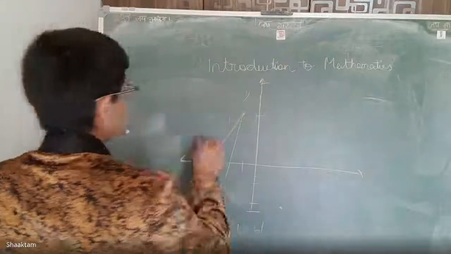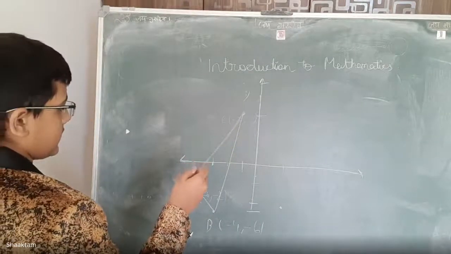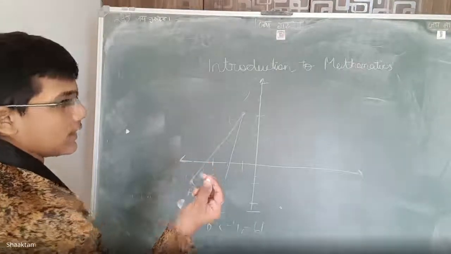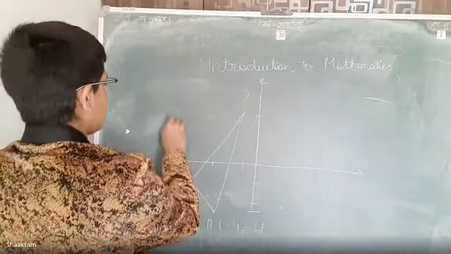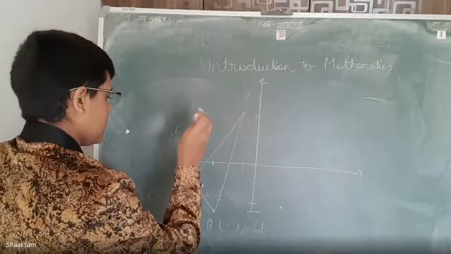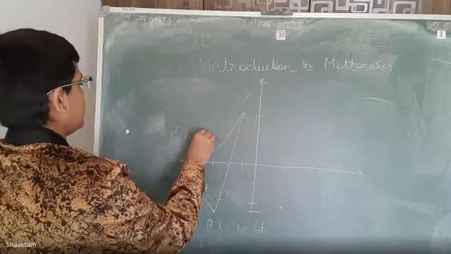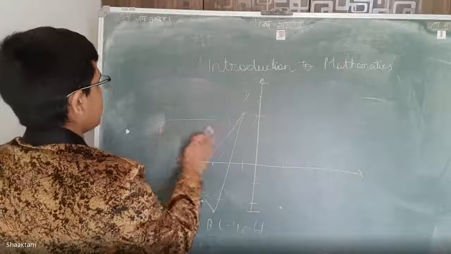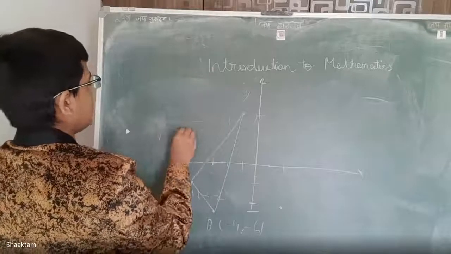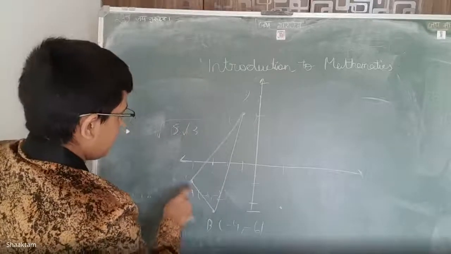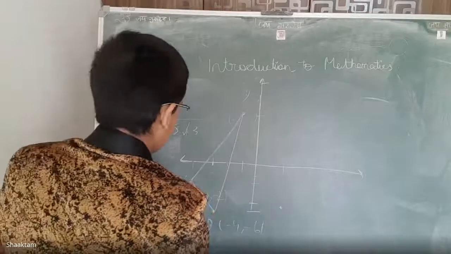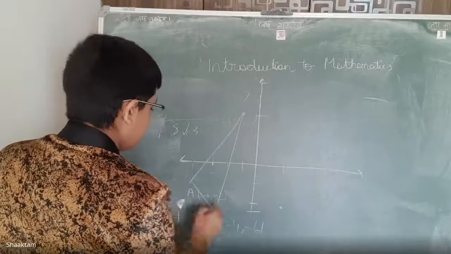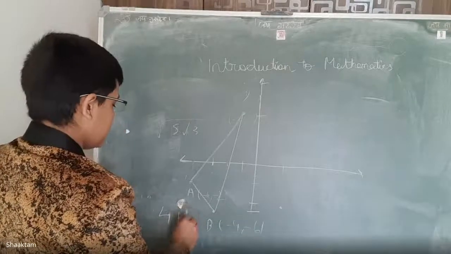Okay, so you found a distance. It will be minus 2 minus 6, how much? 4 now, so it will be 16. 16 plus 5 minus 2, 49 under the root, so 16 plus 49 is 65 under the root. It will be 5 root 3 on this side. Then minus 6 minus 2 and minus 4 minus 6. So this will be 4 plus minus 2 minus 6 again 4, 16 this time.